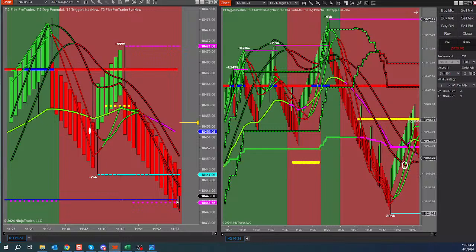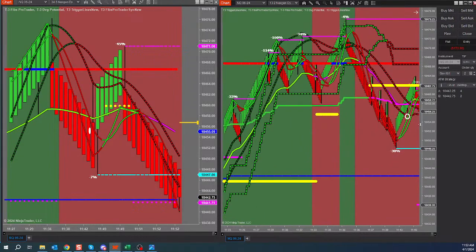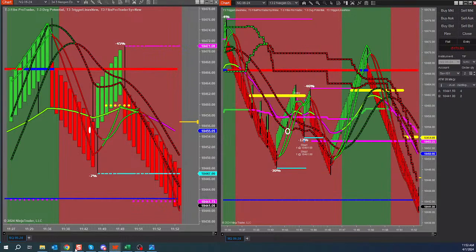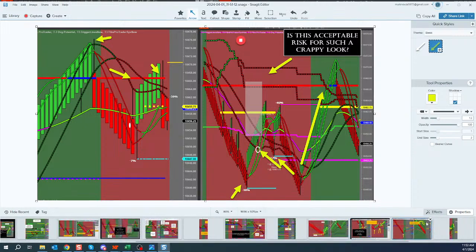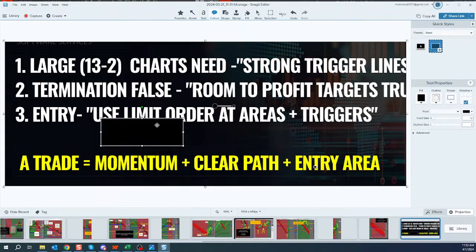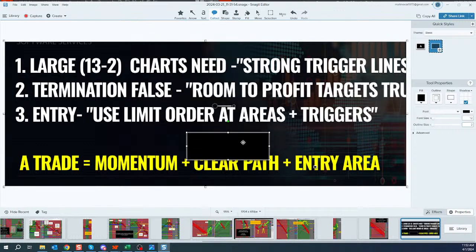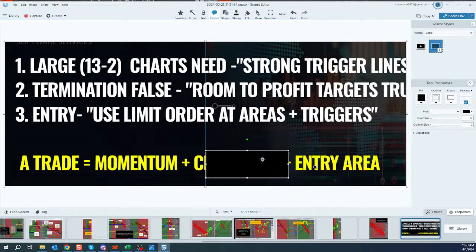Does that make sense? So Pedro, and just everybody really, because this was a great lesson, it's not just one thing that gives you a trade. For the brand new user, where's my slide rule? It's 3 things, right? And the second I start to give up one of those things, I'm no longer high probability.